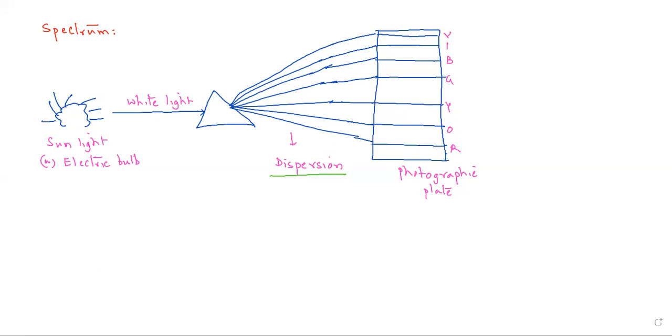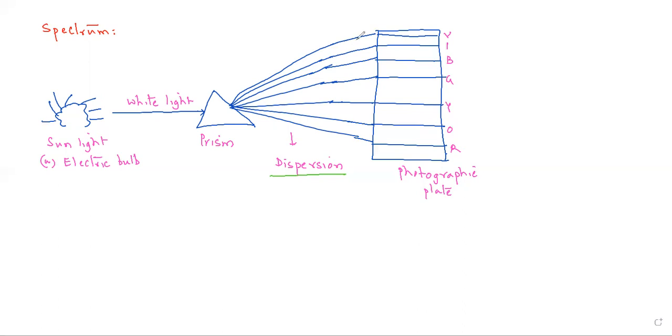What do you mean by a spectrum? You know, it is an impression produced on a photographic plate when a white light ray that is coming from either sunlight or an electric bulb is passed through a prism, and the dispersed light is allowed to fall on a photographic plate.